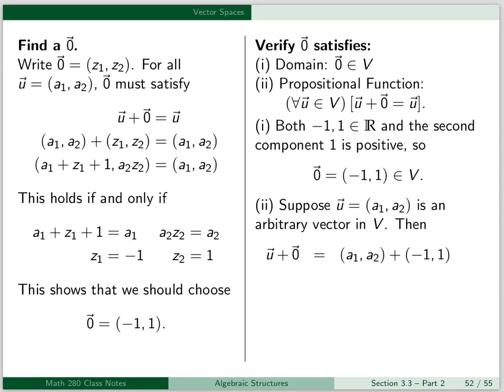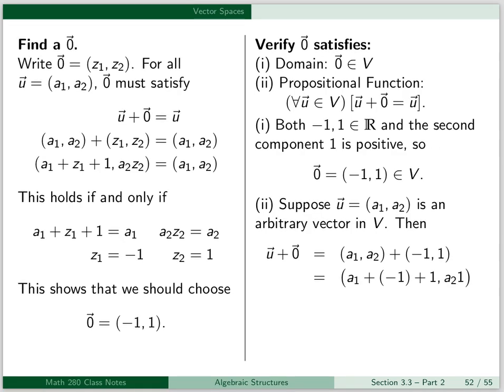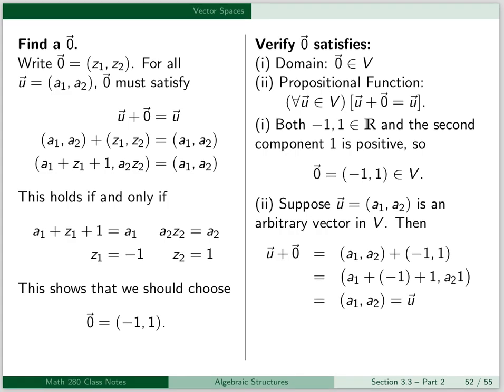For the propositional function, we'll suppose u equal a1, a2 is an arbitrary vector in V, then u plus 0 equals a1, a2 plus minus 1, 1, which is a1 plus minus 1 plus 1, a2 times 1. And so in the first component, the minus 1 and 1 cancel, and we're left with a1.